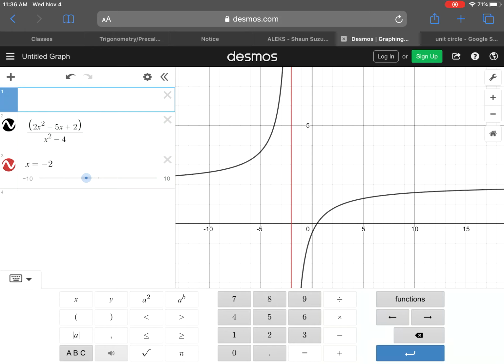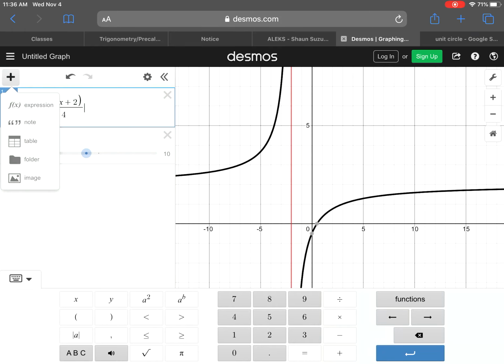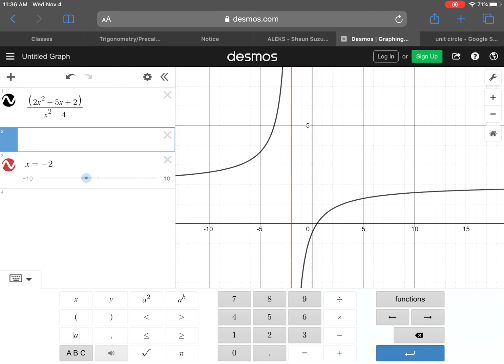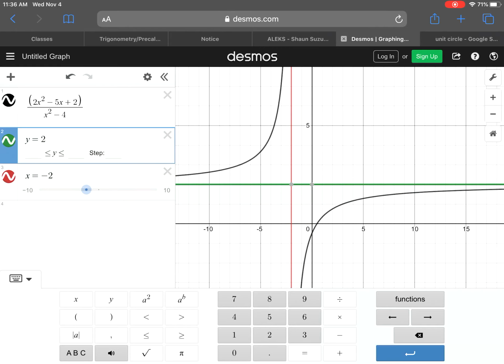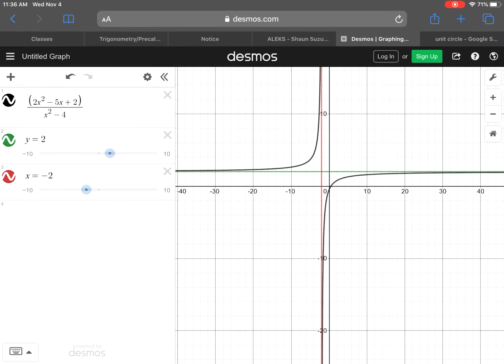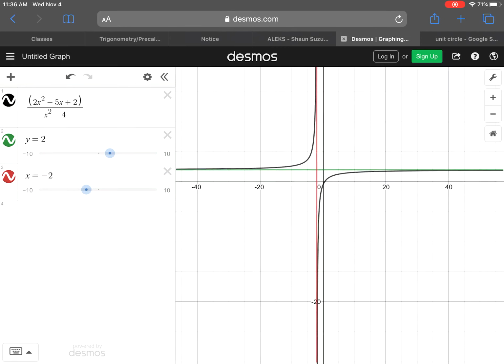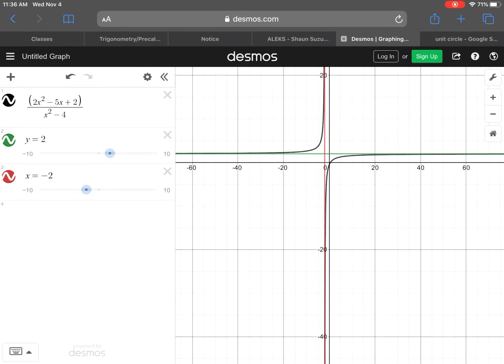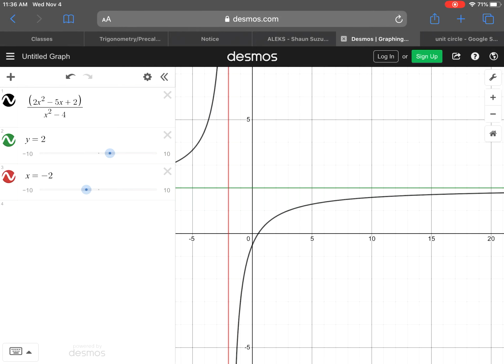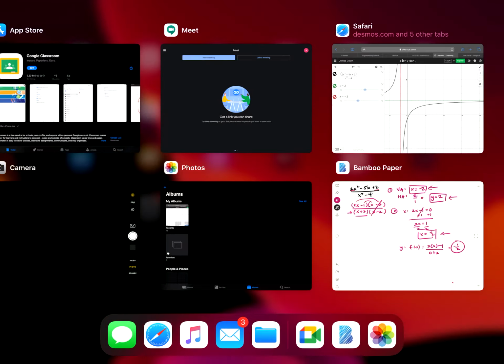Y equals 2. And as you can see here, if we keep pulling this out, that black graph line gets ever and ever closer to that green asymptote line. So it shows our end behavior. So everything checks out. All right, so that's it for today.